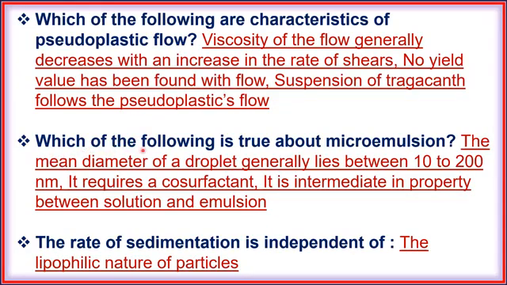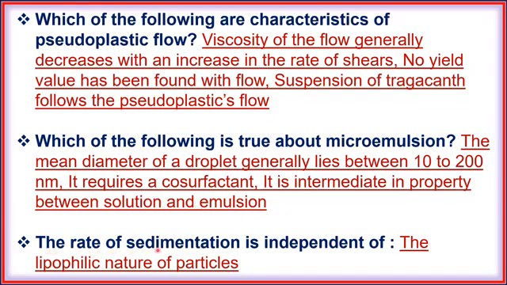Next, which of the following is true about microemulsion? The mean diameter of a droplet generally lies between 10 to 200 nanometer. It requires a co-surfactant and it is intermediate in property between solution and emulsion.